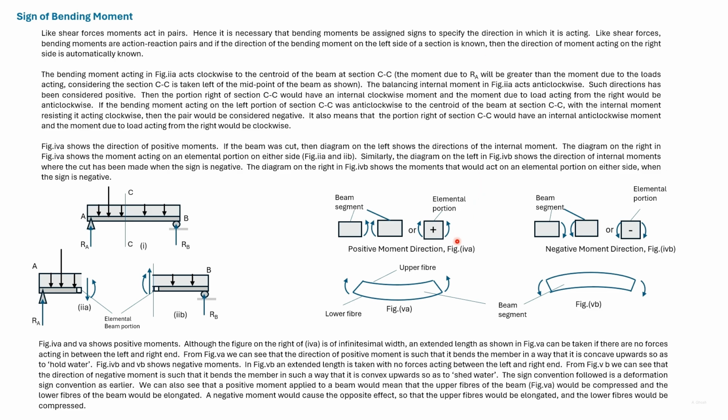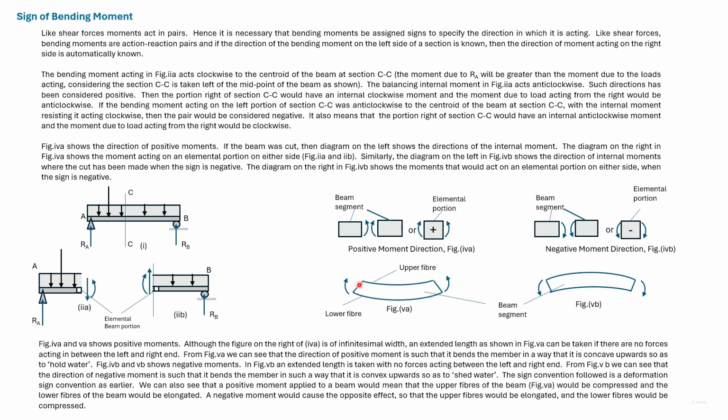The sign can be understood using an extended segment as shown here and subjected to the same moments as this elemental portion. Then the bottom layer here has become convex and the top layer has become concave.